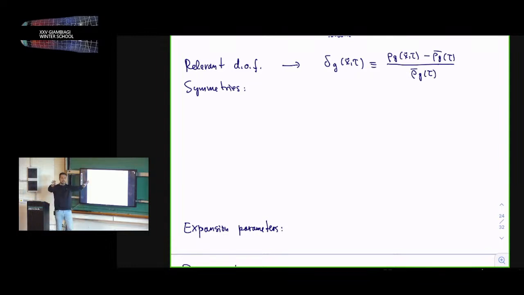So you should imagine that in your survey, you have a bunch of galaxies, you find some mean galaxy density, and you compute the density contrast in this way. So this is our field, and we want to find how this field relates to the initial conditions, given some cosmological model with some cosmological parameters, and then we want to compute, for example, some observable, like the power spectrum of this field or the bispectrum of this field, and so on.